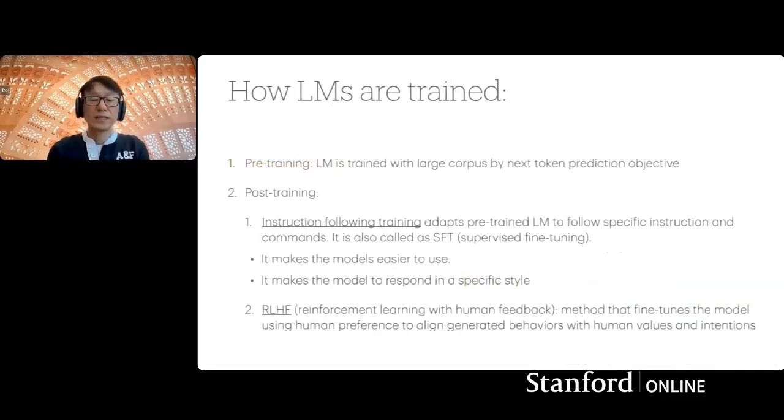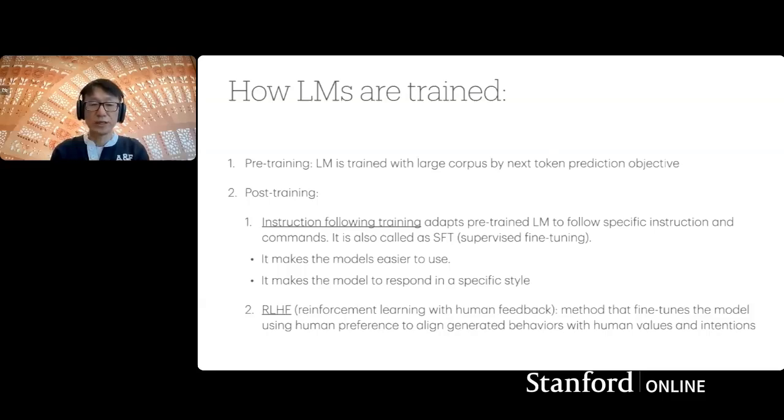Then how these language models are trained: largely two parts, a pre-training part and a post-training part. First, the pre-training portion is where language models are trained with a large corpus, text collected from the internet or books or different types of publicly available text, and trained with the next token or next word prediction objective.